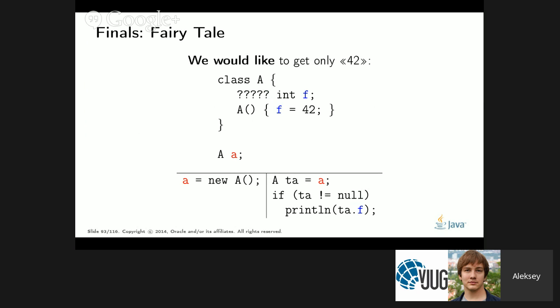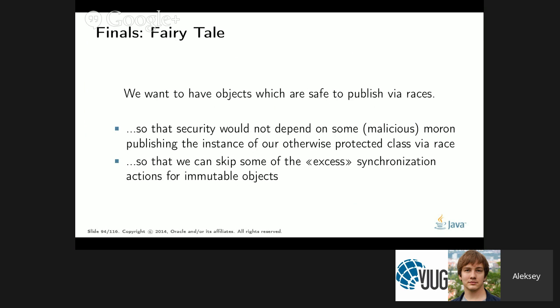But suppose I want to get only 42. What do I do? You make the field final. Yeah, I make the field final. And the rationale for final is that we want to have objects which are safe to publish via races, so that security would not depend on someone always publishing the instances synchronized.